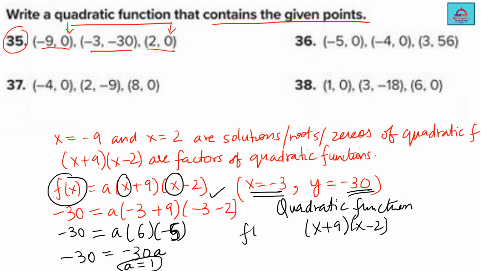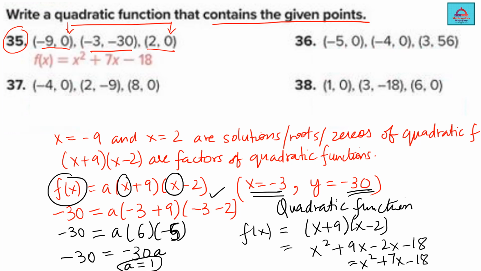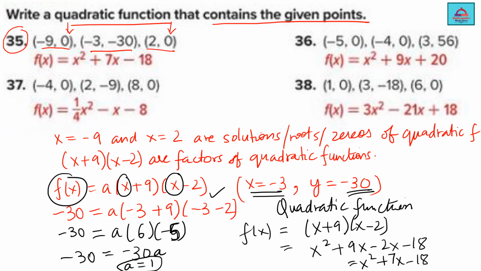That's the function. So let's simplify. Just do the distributive property or FOIL and it will come out to be x squared plus 9x minus 2x minus 18. So x squared plus 7x minus 18. And you can check your answer, it is the same. In a similar way, do questions 39, 37 and 38 and check your answer from the answer key.